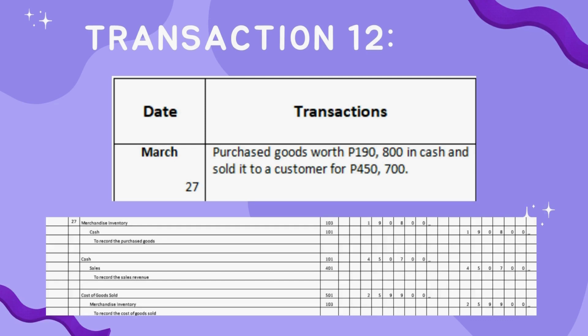Cash will be debited with 450,700 pesos and sales will be credited with 450,700 pesos. Cost of goods sold will be debited with 259,900 and merchandise inventory will be credited with 259,900.